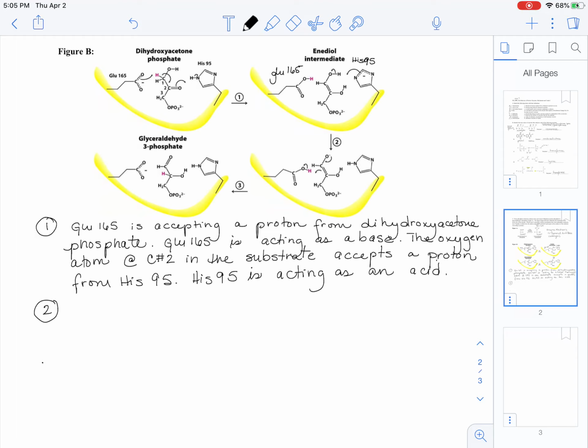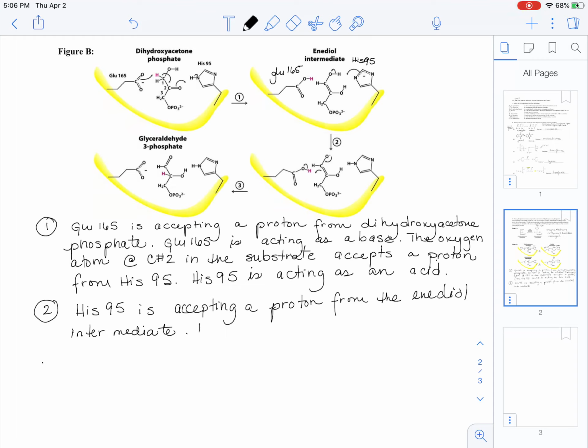So to describe what is occurring in step 2, you can say histidine 95 is accepting a proton from the enediol intermediate, which means that histidine 95 is acting as a base.